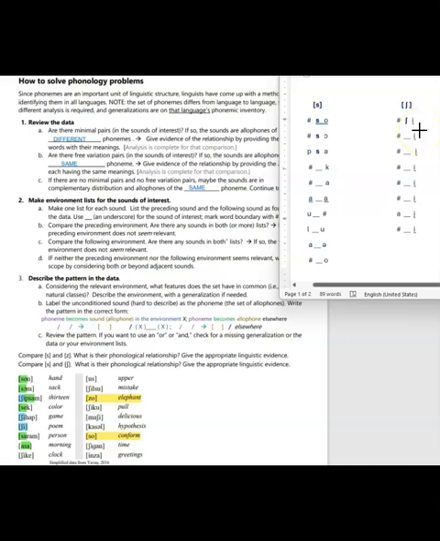So now that we wrote our environment lists and looked at the environments, we're ready to describe the pattern. Okay, so how do we do that? We're going to move on to step 3.